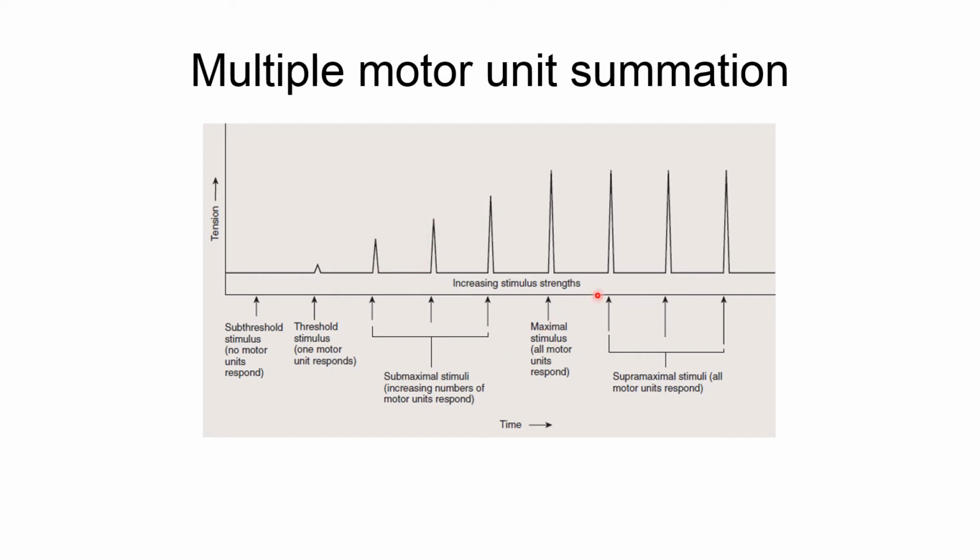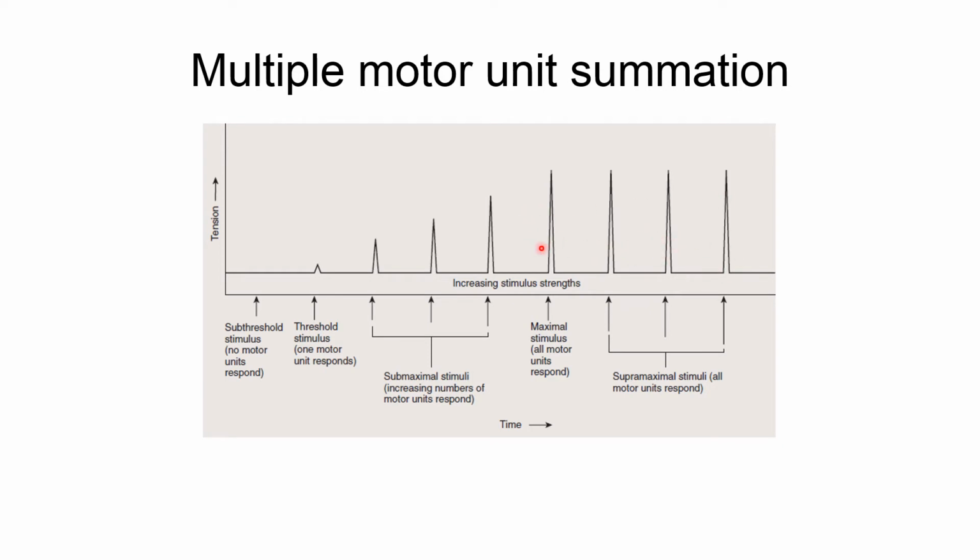But when a maximal level of stimulus is reached, all motor units will contract. And when a supramaximal level of stimulus is reached, again all motor units are contracting. So there is no change in force of contraction between maximal and supramaximal levels of stimulus.